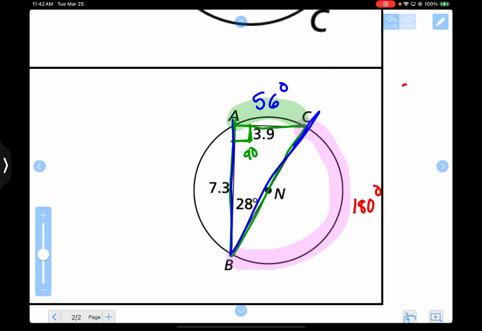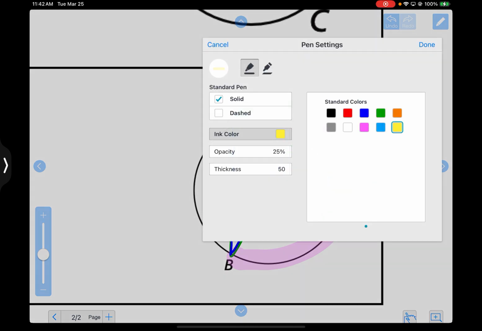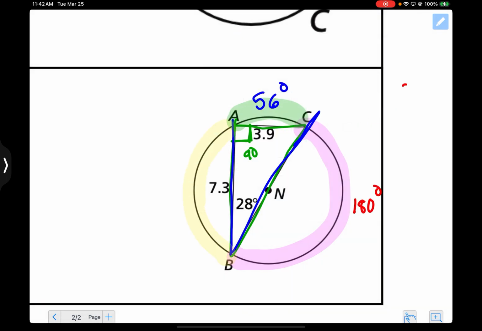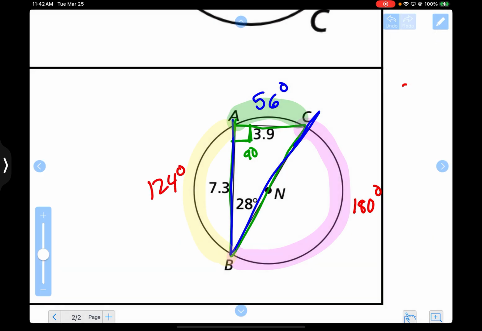And so now we can do our math because we know the whole thing equals 360. So we can do 360 minus 180 minus 56, which tells me that this arc here is 124 degrees. And so if the arc is 124 degrees, because it's intercepted by that angle, we can take the 124 and divide by 2, which tells me that that angle right there is 62 degrees.